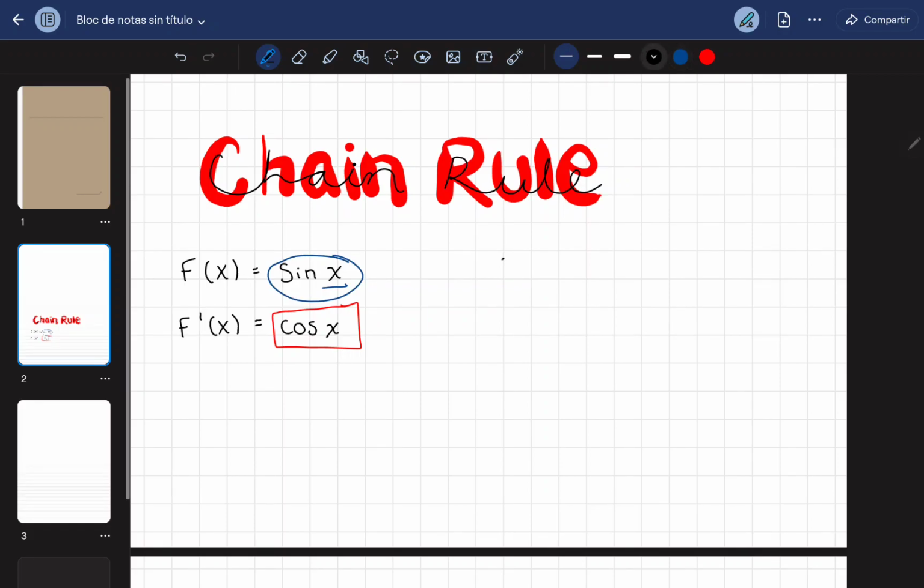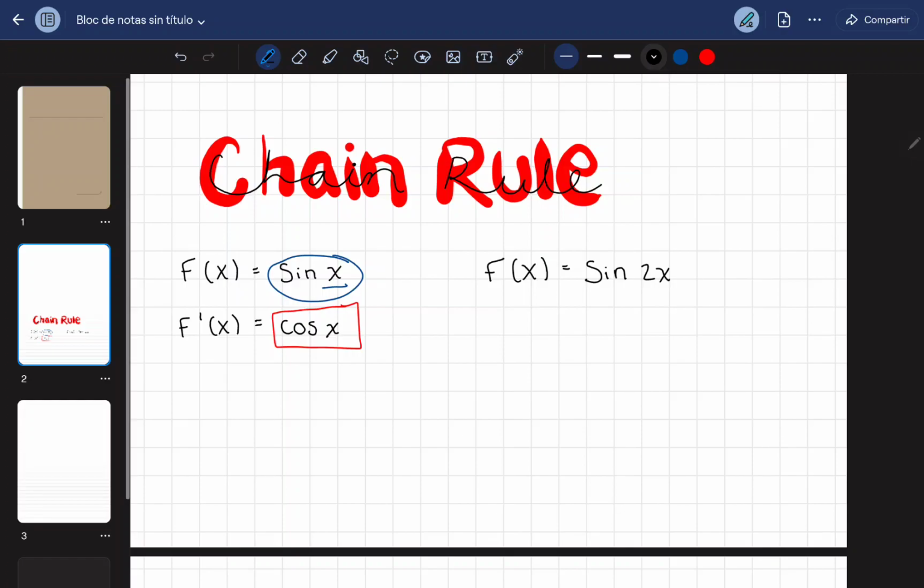So for example, f of x equals 2 sine to the fourth of 2x. Okay, this is too difficult. Let's change it like this first, and then we check the other one.